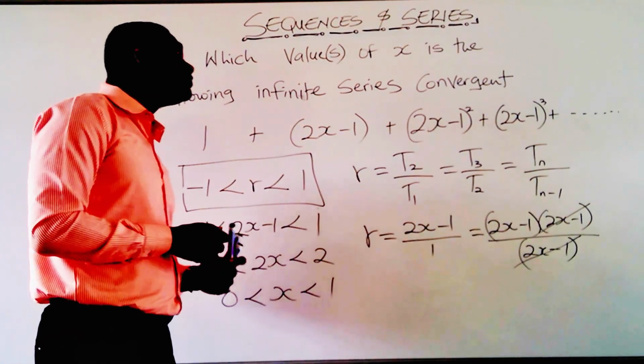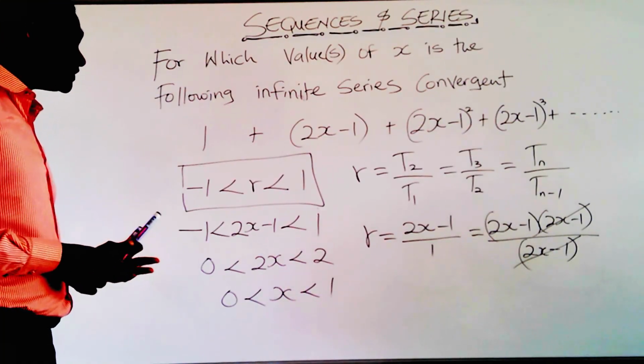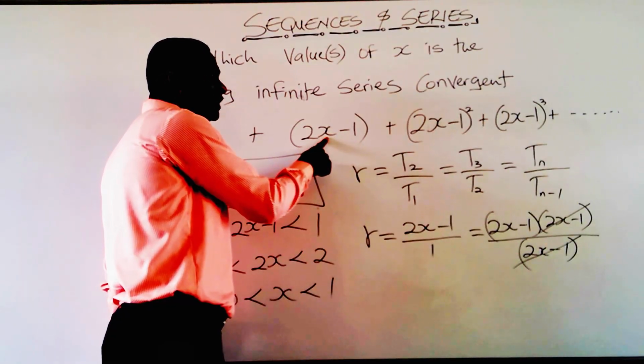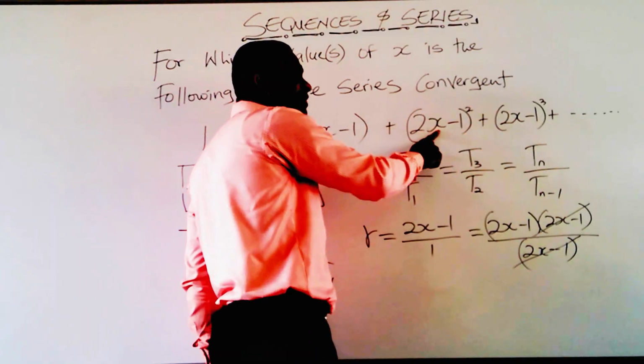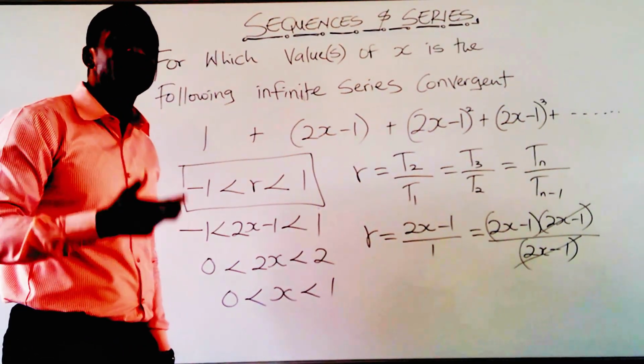It is also very important that we place a restriction. Because if we say x is greater than 0, and take x as a half, 2 times a half is 1, and 1 minus 1 is 0. It will be 0 all through. Then we will not have a sequence.